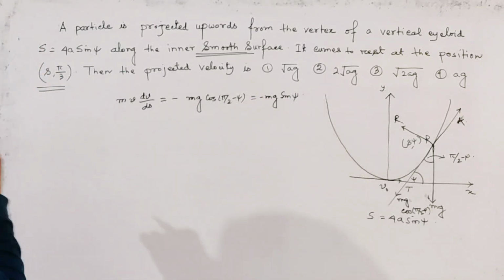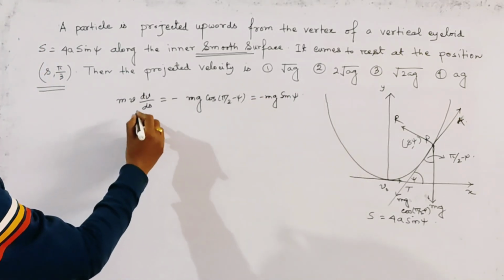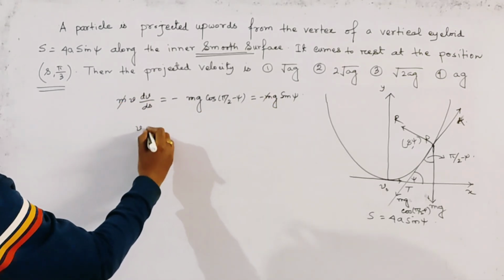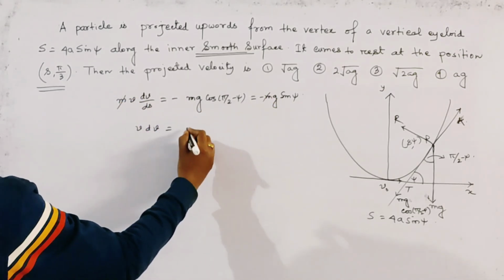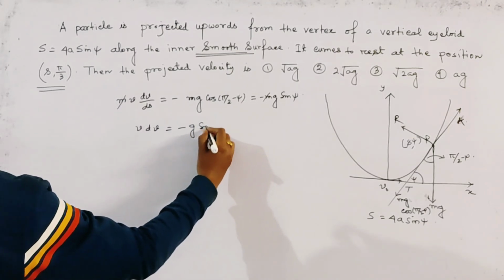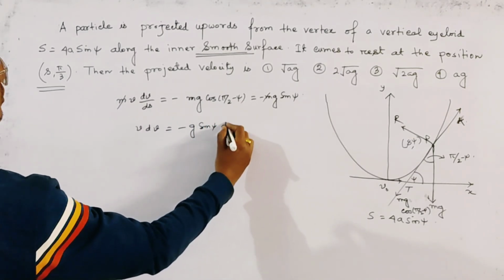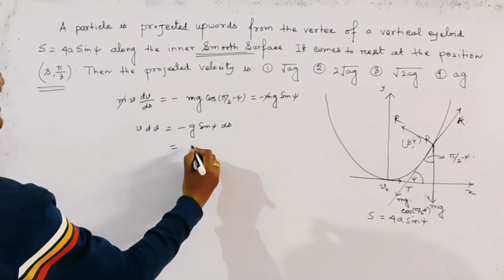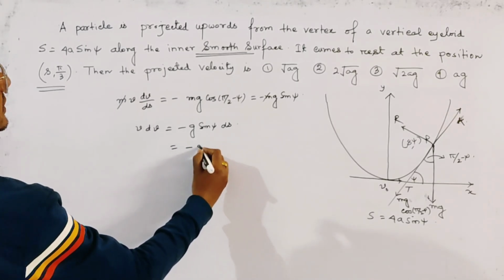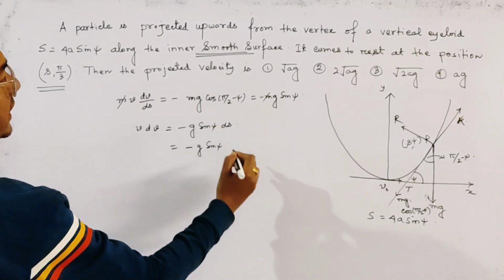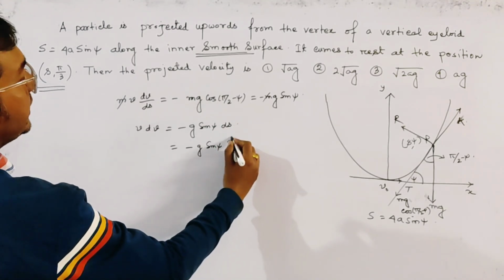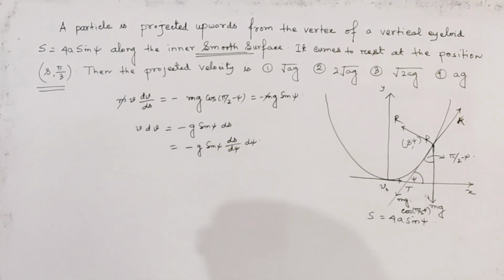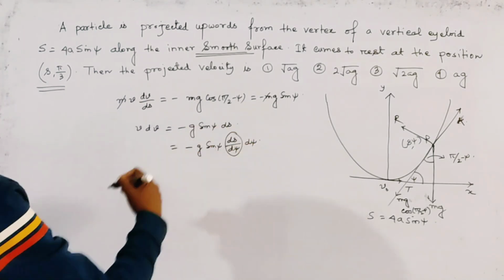Now we first cancel m from both sides, and then v dv is equal to minus g sin psi ds. We write ds as ds/d psi into d psi, and then find the value of ds/d psi.